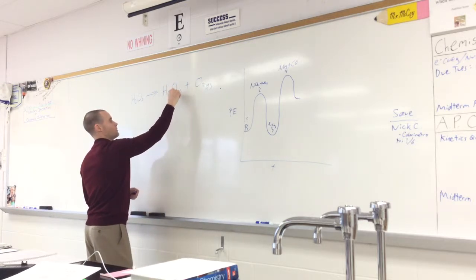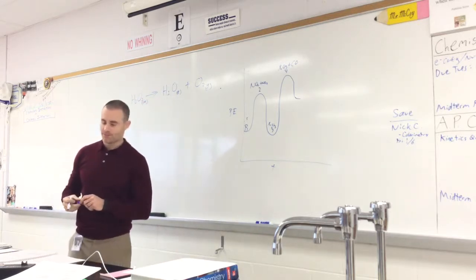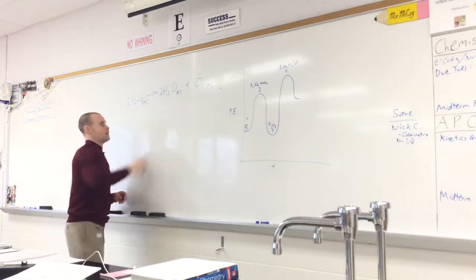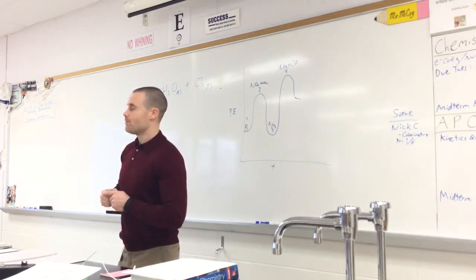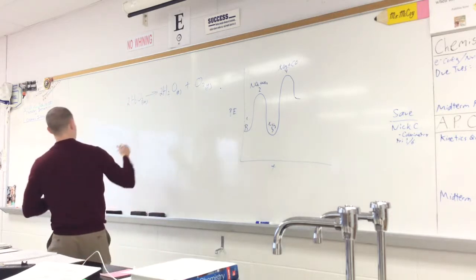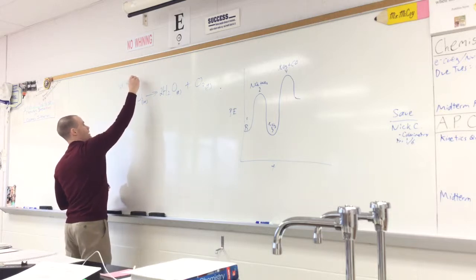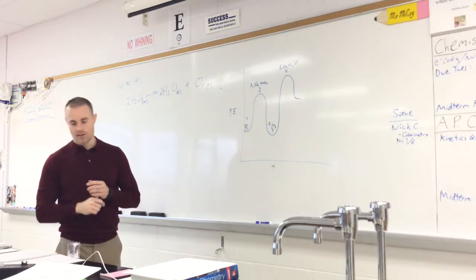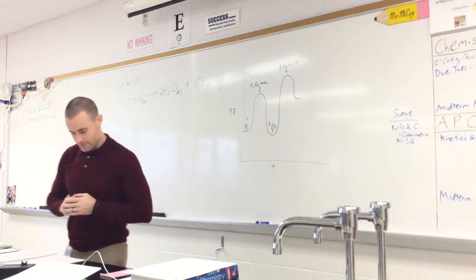Gas, liquid, this is usually aqueous. Okay, how do we balance it? I'll just do it for you, 2, 2. Okay, so this is an example where the first step is the rate determining step, RDS.